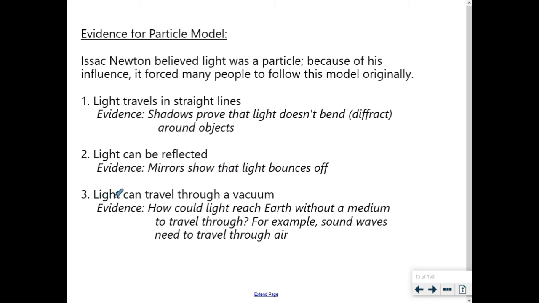He also thought that light must be a particle because if it traveled through a vacuum, how else is it going to get to Earth? He knew light was coming from the sun, but there are no particles between here and the sun for light to move through. So he thought it was a particle.